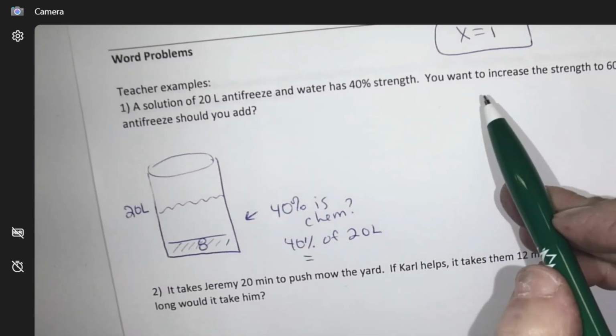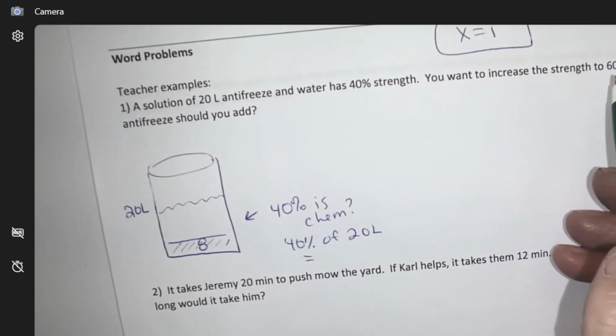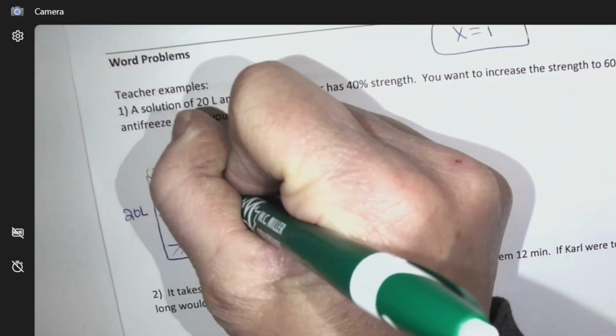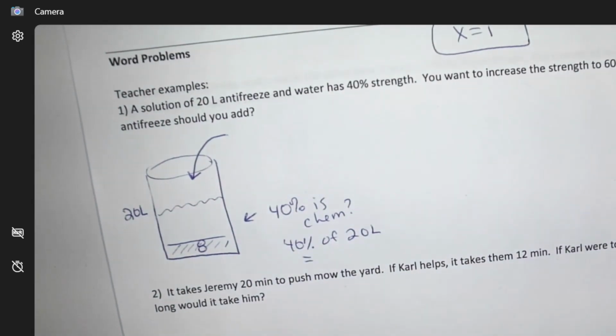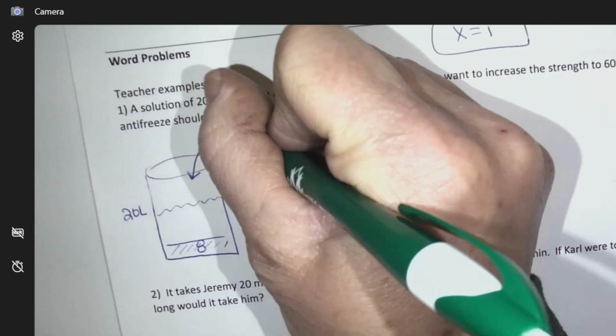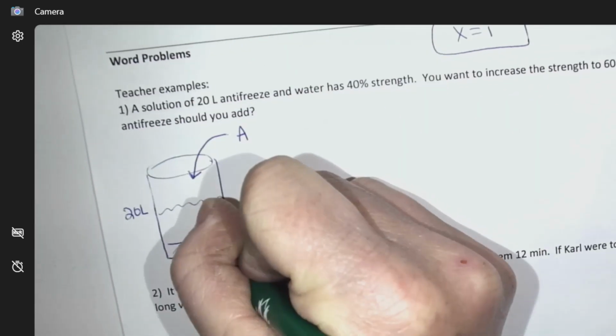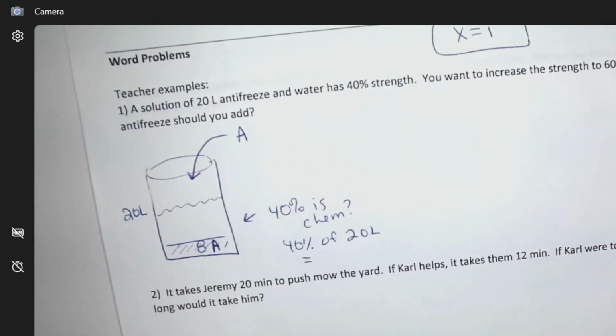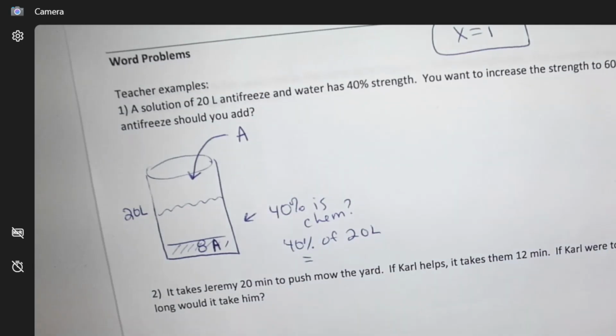And what we're going to do is we want to increase the strength to 60%. So we're going to add more chemical in there. And the chemical we're talking about is antifreeze. Okay, so I'm going to give you the strategy for these questions.